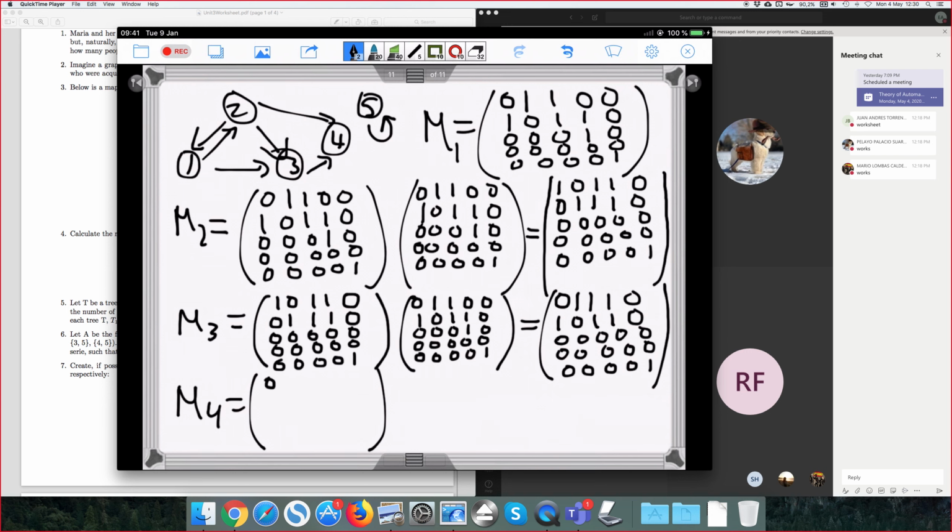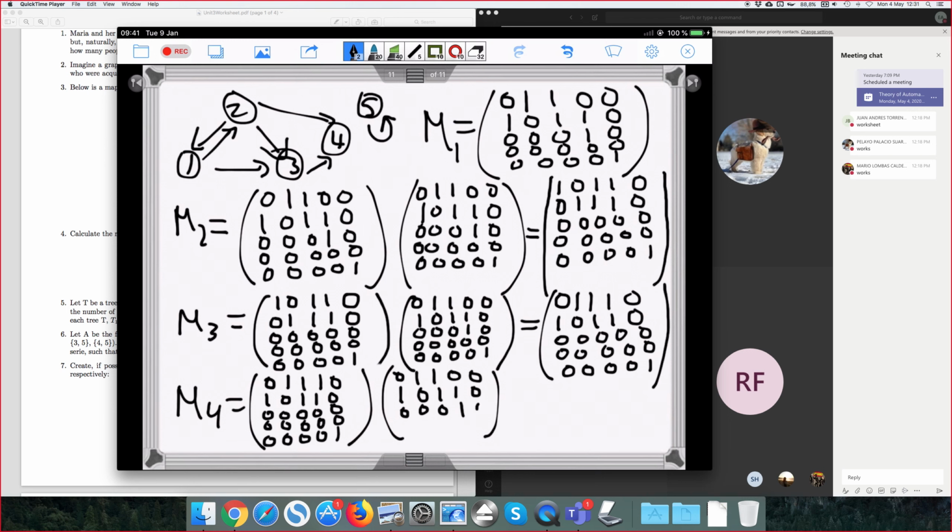So 0 1 1 1 0, then 1 0 1 1 0, all zeros here, and the 1, and then I compute that times 0 1 1 0 0, 1 0 1 1 0, 0 0 0 1 0, all zeros, and then all zeros and 1.